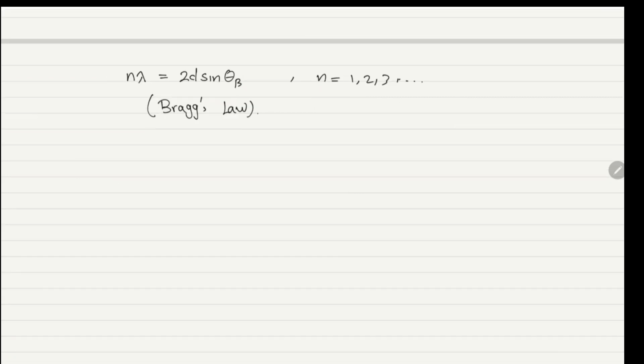In other words, the path difference for two waves is a multiple n of the wavelength, and n is usually defined as the order of diffraction.